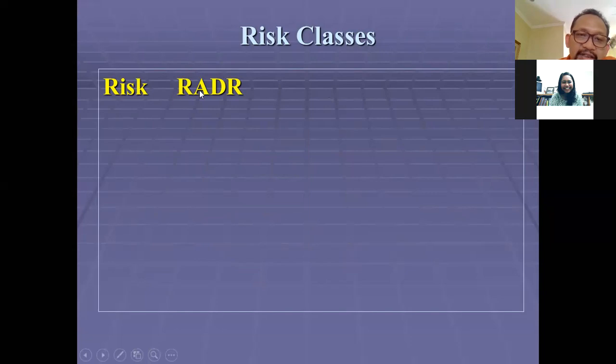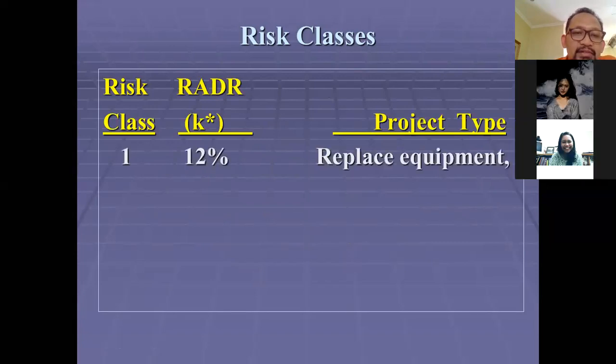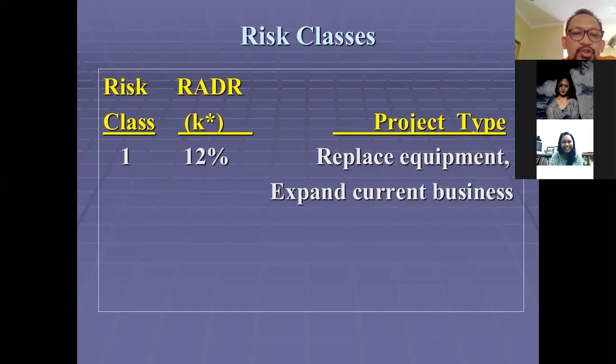RADR is the risk-adjusted discount rate. Let's say class number 1, the risk-adjusted discount rate is only 12%. For example, if your project type is only replacing equipment or expanding the current business, your risk-adjusted discount rate is usually 12%.